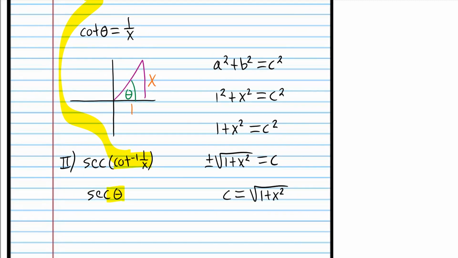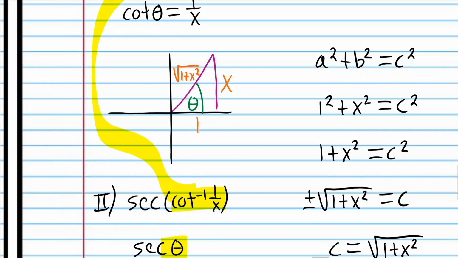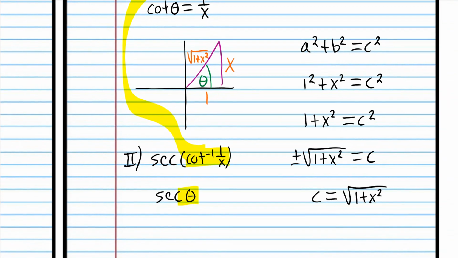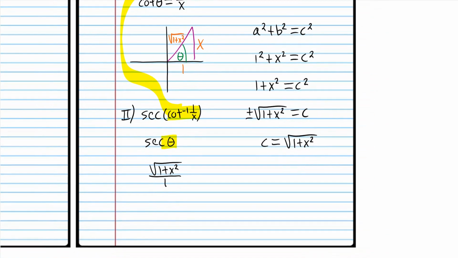So then we can write that expression up there, square root of 1 plus x squared. So now we're ready to find secant. Secant is the hypotenuse divided by the adjacent side. So our answer is square root 1 plus x squared.